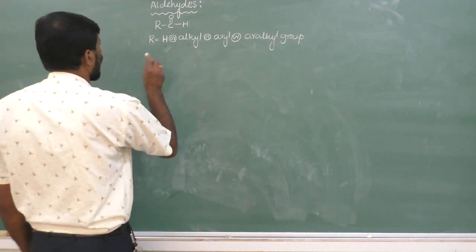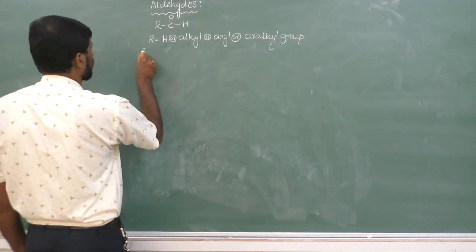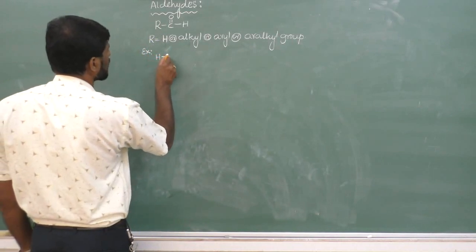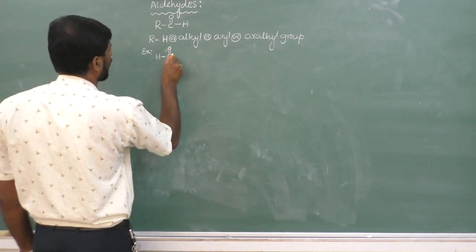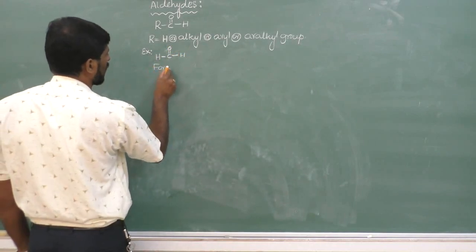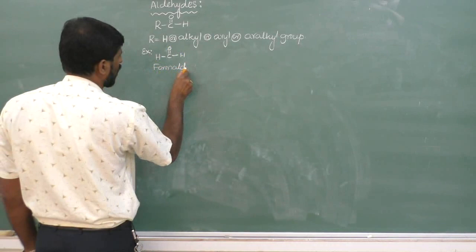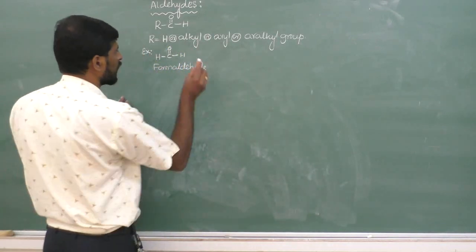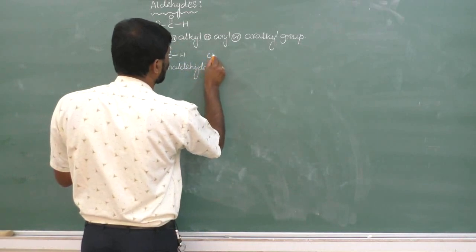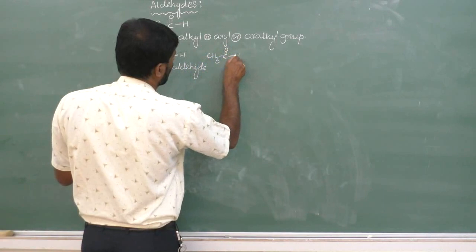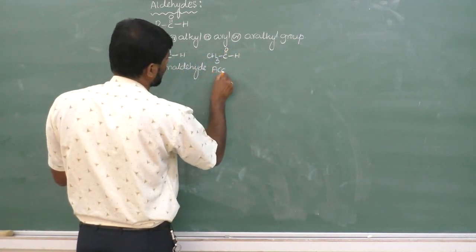Now, some examples for this. If R is hydrogen, then it becomes formaldehyde. If R is an alkyl group, that is a methyl group, then it is acetaldehyde.